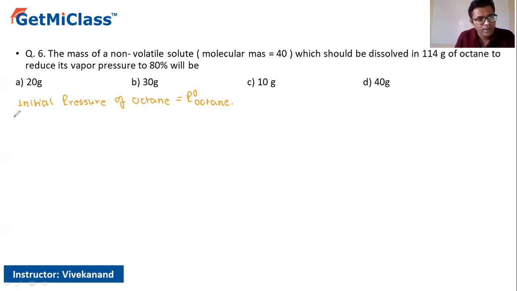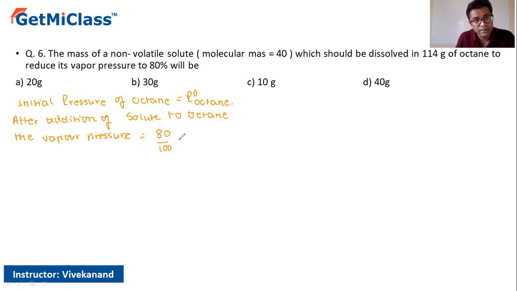So after addition of solute to octane, the vapor pressure reduces to 80%. That means 80 divided by 100, which is 0.8 times P0 of octane.